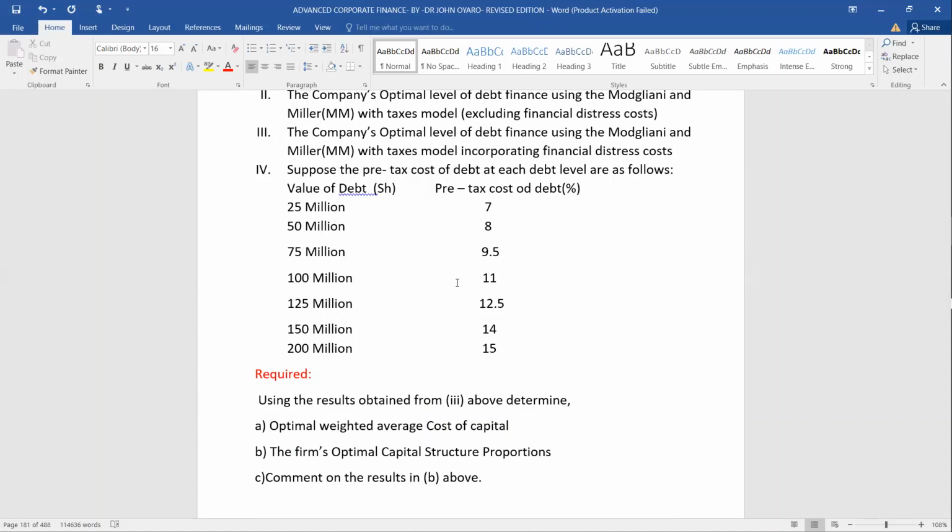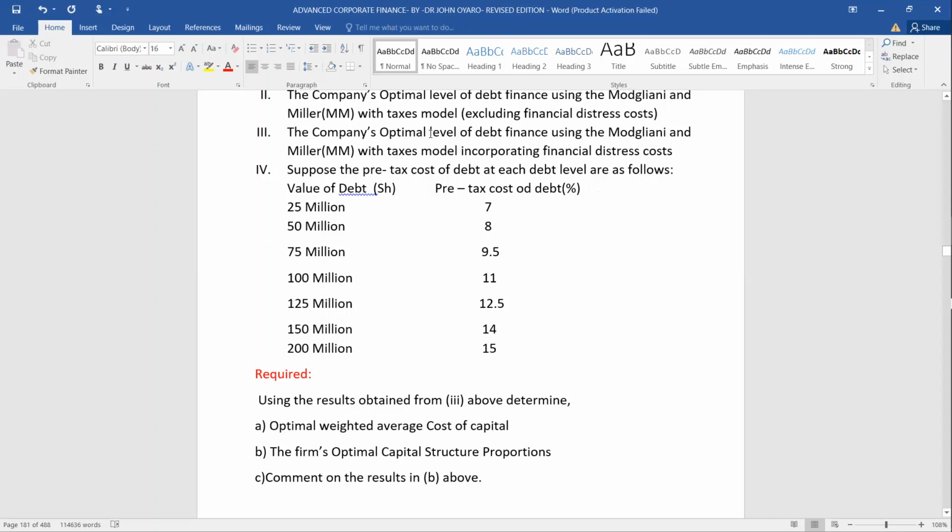It's a continuation. Suppose the pre-tax cost of debt at each debt level is given as follows. So the value of debt is 25, 50, 75, 100, 125, and so forth. Assuming those are the pre-tax costs of debt, and using the results obtained in 3 above, we know the value of a levered firm in 3 above.